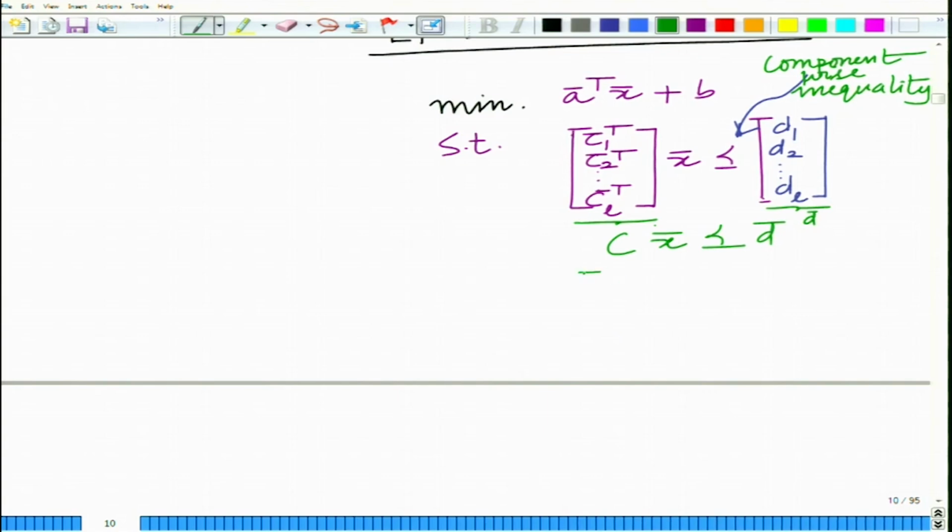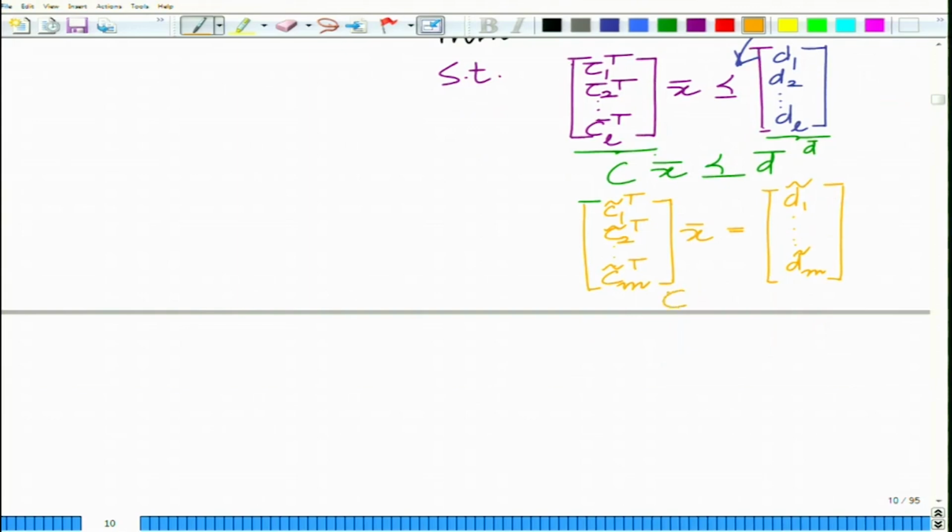Similarly, the equality constraints I can represent as c1 tilde transpose, c2 tilde transpose, up to cm tilde transpose times x bar equals d1 tilde up to dm tilde. So, this becomes your C tilde x bar equals d tilde.